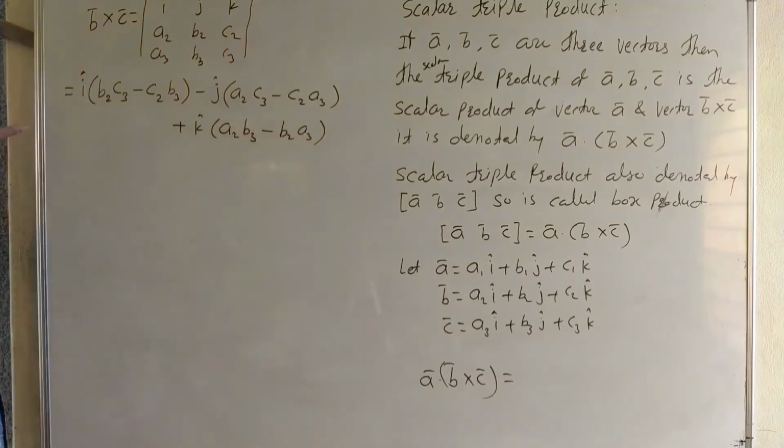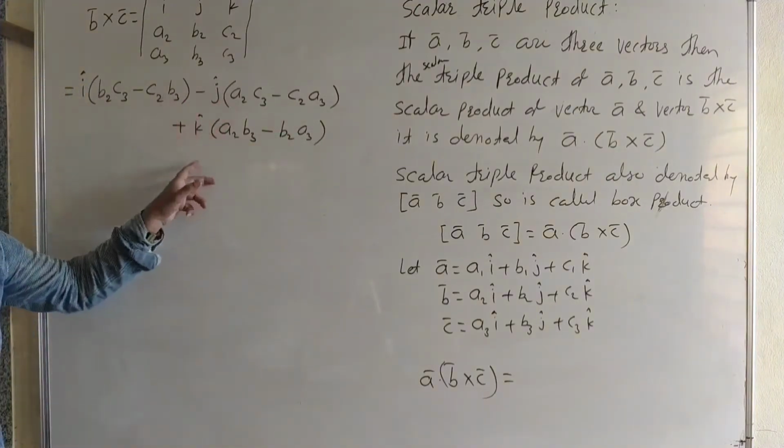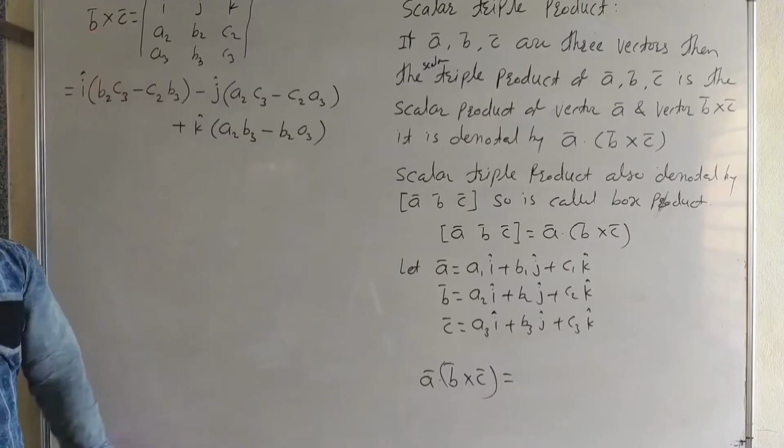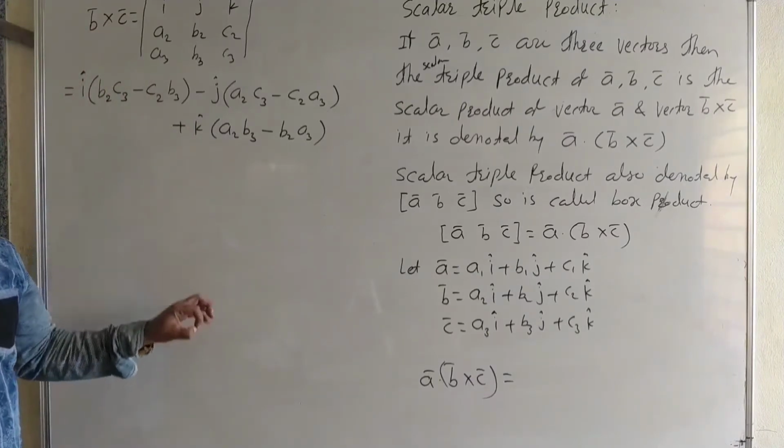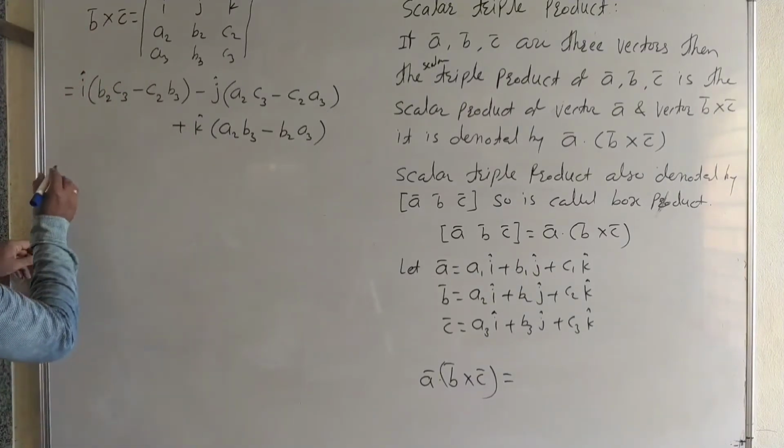It is a vector. Which vector? It is B bar cross C bar. Now we take a dot product of the vector.